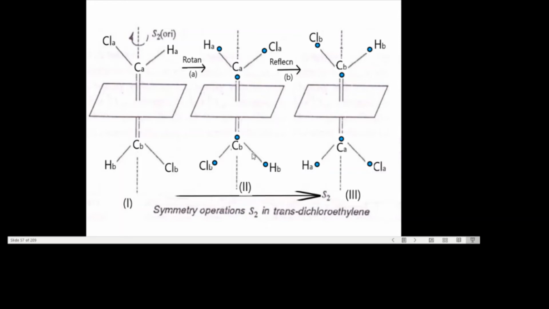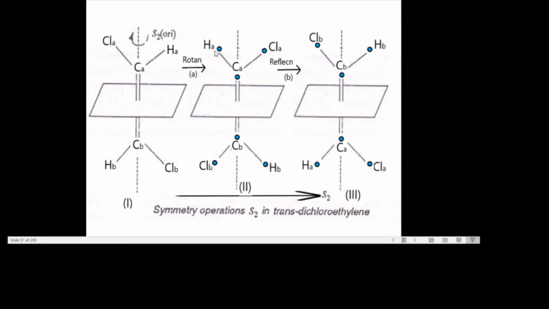Now, after rotation, we have to perform reflection through the plane perpendicular to the axis of rotation. So, reflection will be considered as B, and after reflection, what will happen?